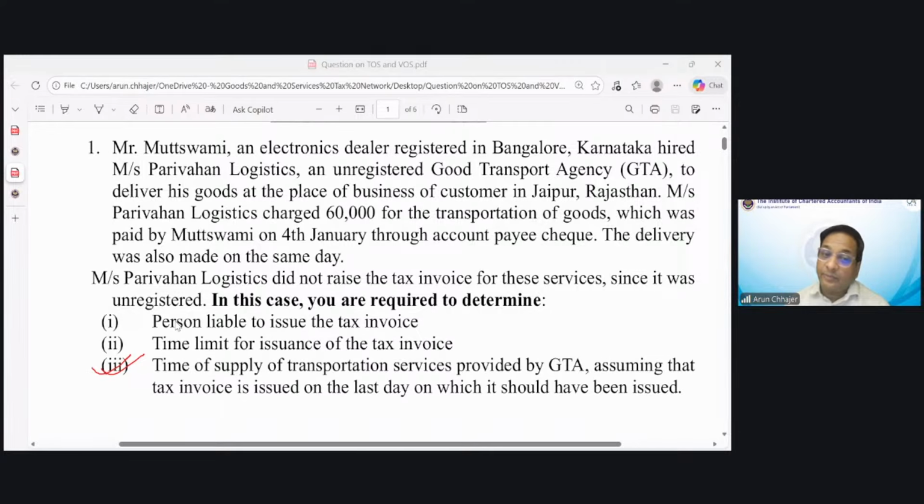What is the time of supply in this case? Last part है, last question है. Then I will hand over the same to the ma'am. But before that, please answer.